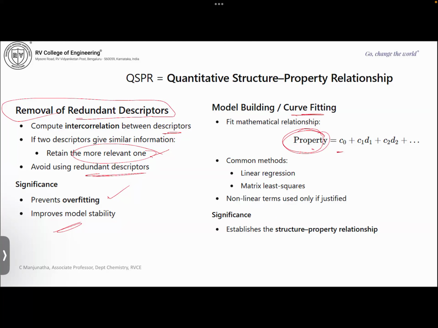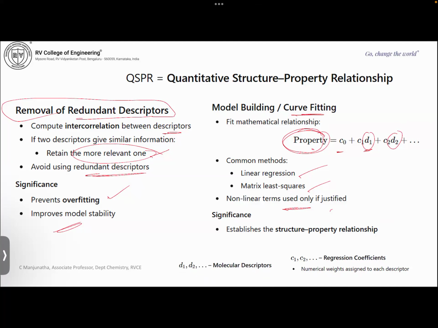So property is equal to C0 plus C1 into D1 plus C2 into D2 and so on. D1, D2 are the descriptors, and C1, C2 are the coefficients. The common methods used to build a model or curve fitting are linear regression or matrix least square. Nonlinear terms are used only if justified. The significance is that it establishes the structure-property relationship.